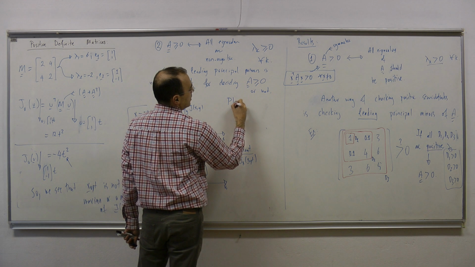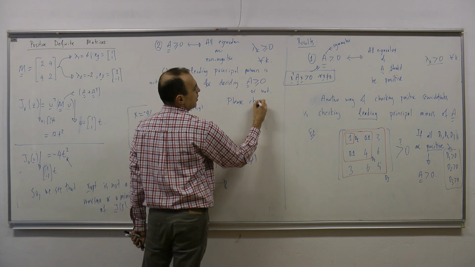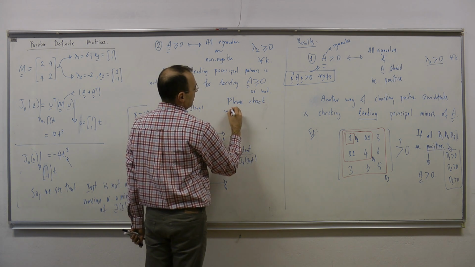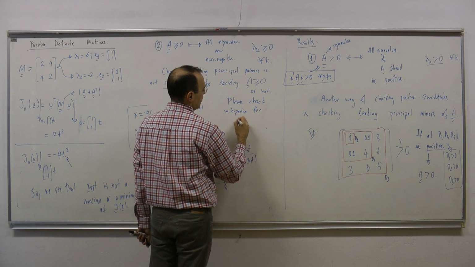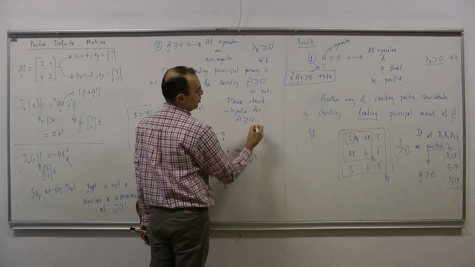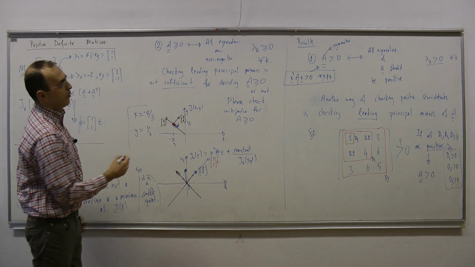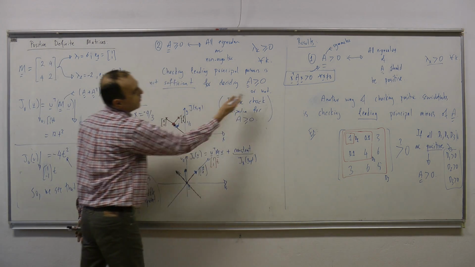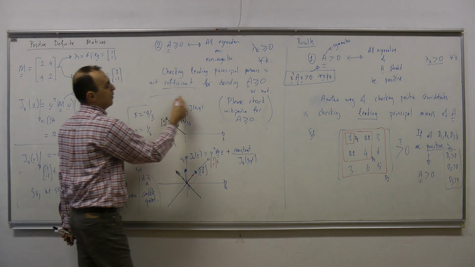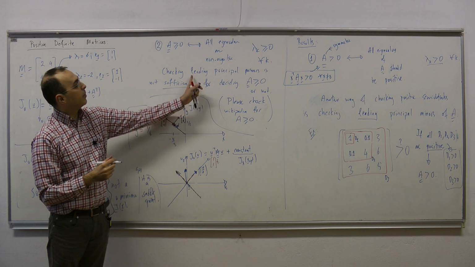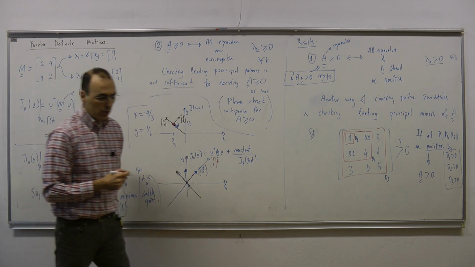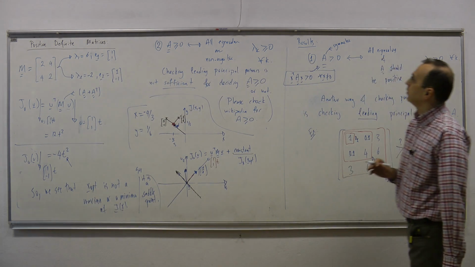I won't be discussing this. Please check, let's say, Wikipedia for A greater than or equal to 0. I mean, you have to do more checks essentially. So please check this Wikipedia page for principal minors, positive definiteness checks, and so on. You will get this result.